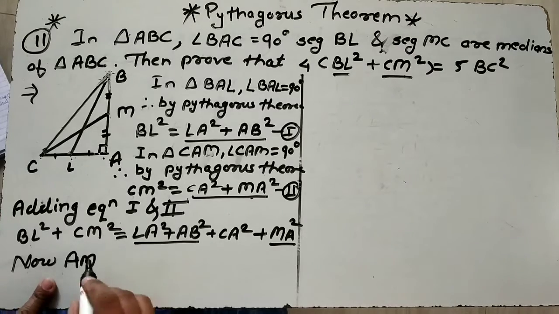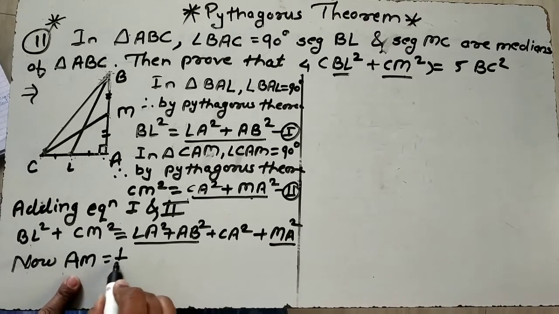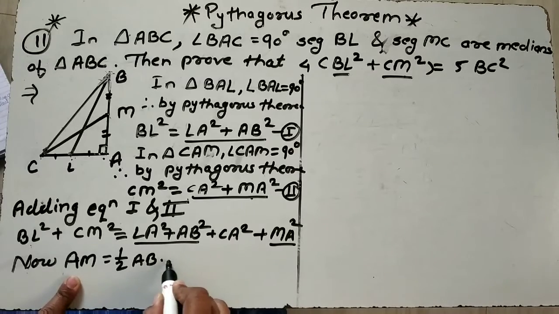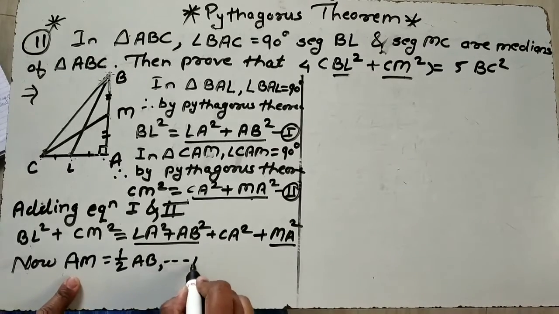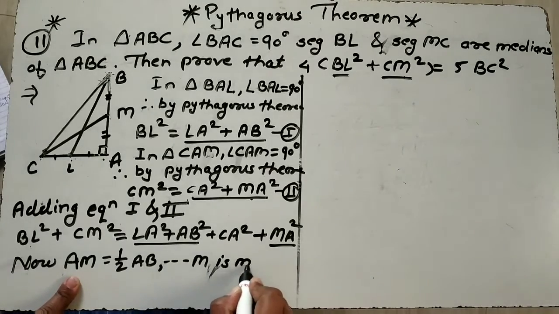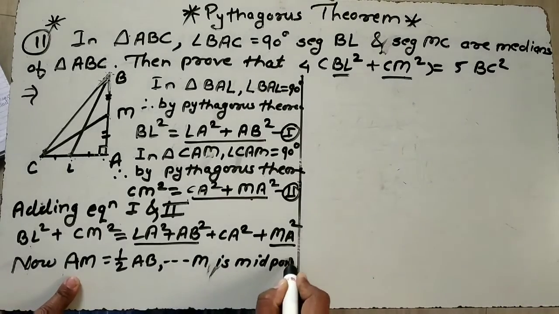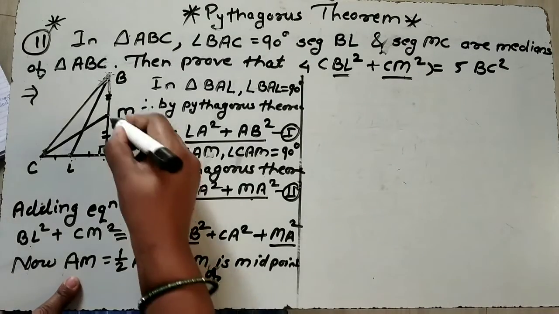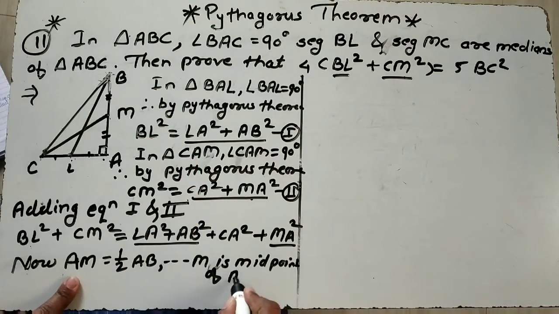AM, or MA, is equal to 1/2 AB. The reason we write is that M is the midpoint of AB.